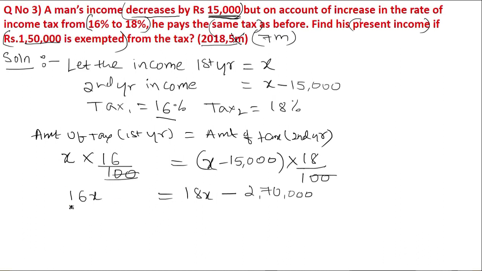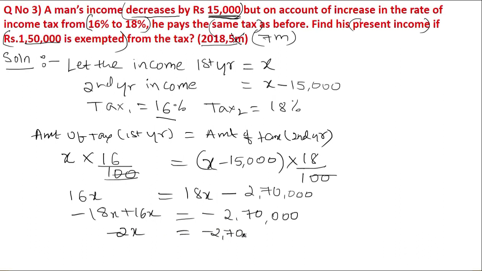Now 18x goes to this side and becomes minus 18x plus 16x is equal to minus 2,70,000. So minus 2x is equal to minus 2,70,000, and the minus cancels each other.